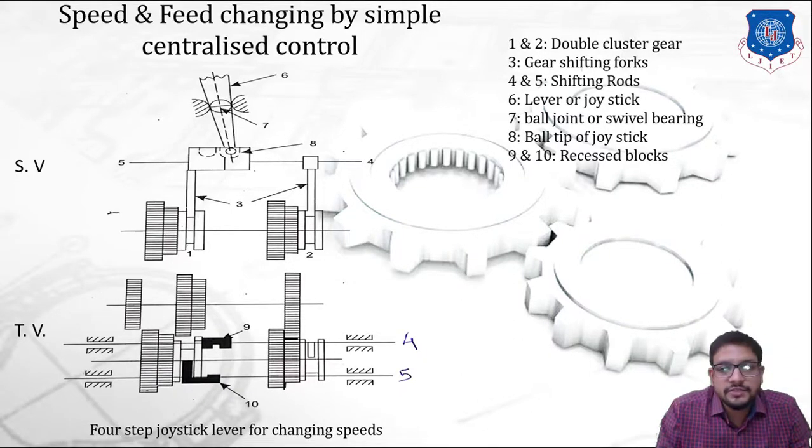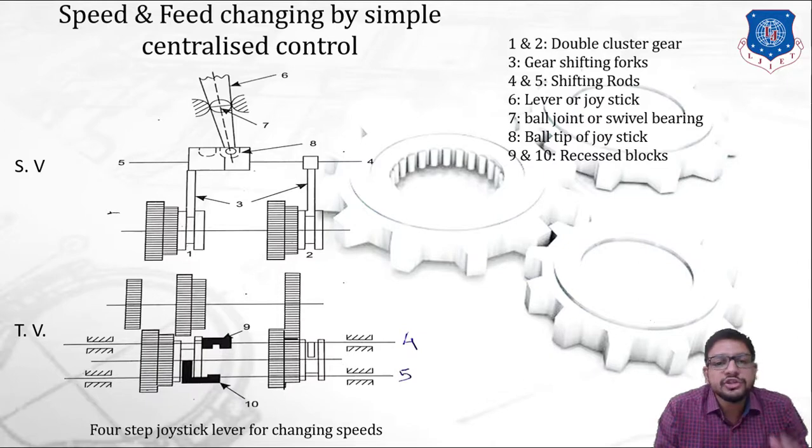In this figure, two double cluster sets are operated by gear shifting forks which are actuated from a shifting rod, 4 and 5. This shifting rod carries a recessed block, as I have told, in which the ball tip, number 8, sits.